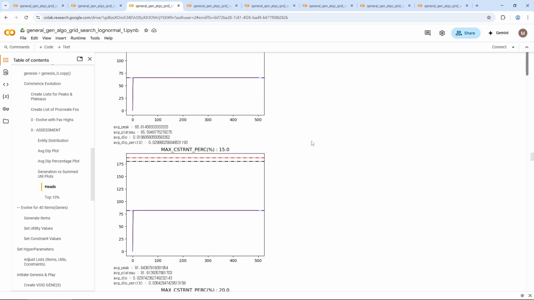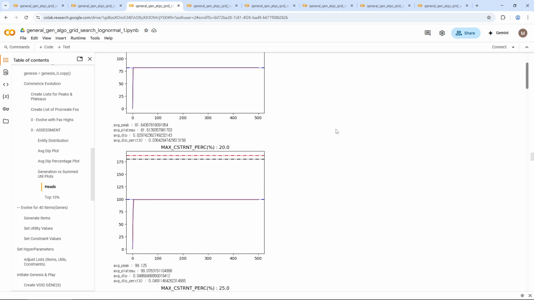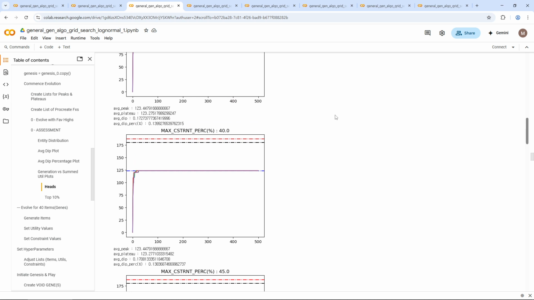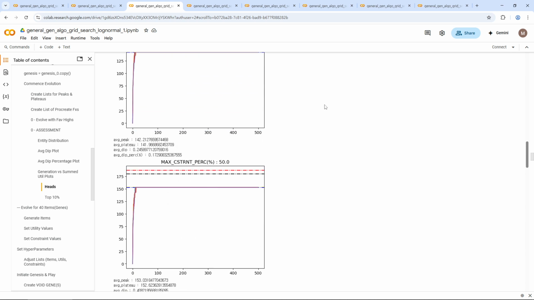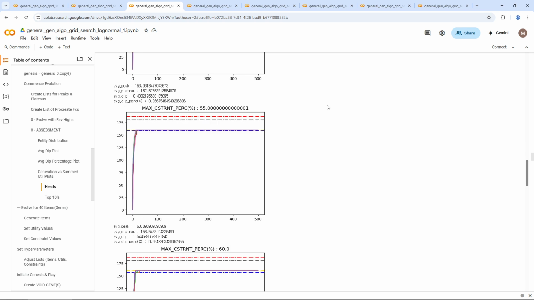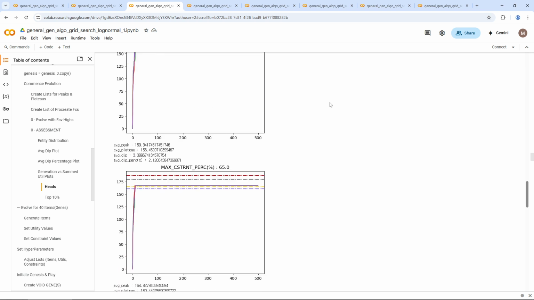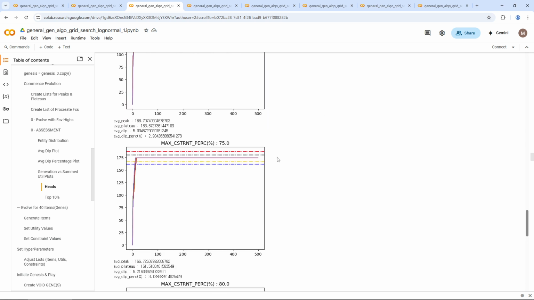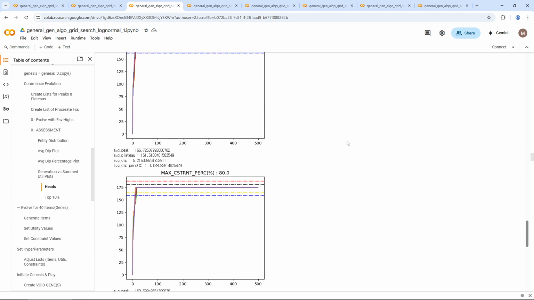So let's see when the head actually reaches the maximum ever. Oh, by the way, the yellow lines are always the peak levels, and the blue lines are always the plateau levels.